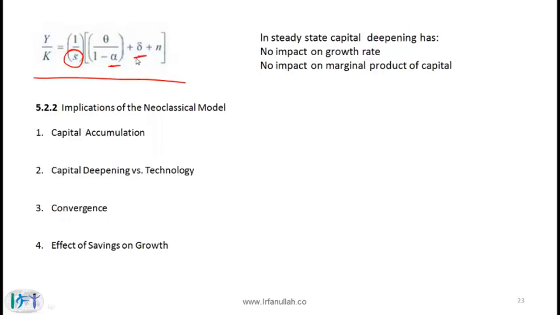Delta is the depreciation rate of capital, and n we've talked about, this is the growth rate of labor. So memorize this expression. We will use it in an example. This is not really used much later on in the end of chapter problems, but still, to be safe, I would say that you should learn this expression.